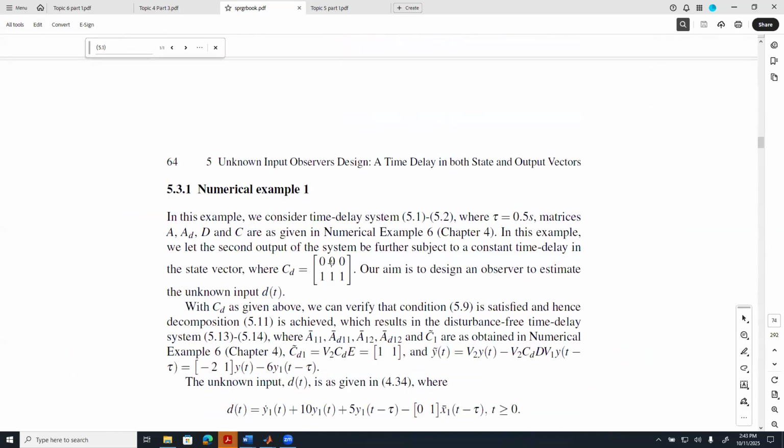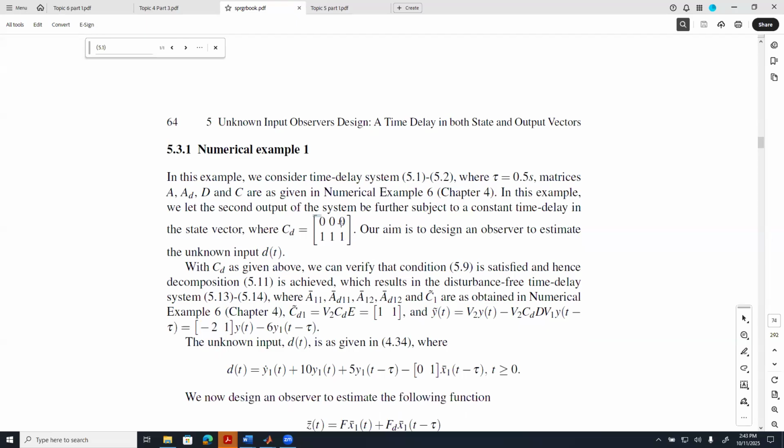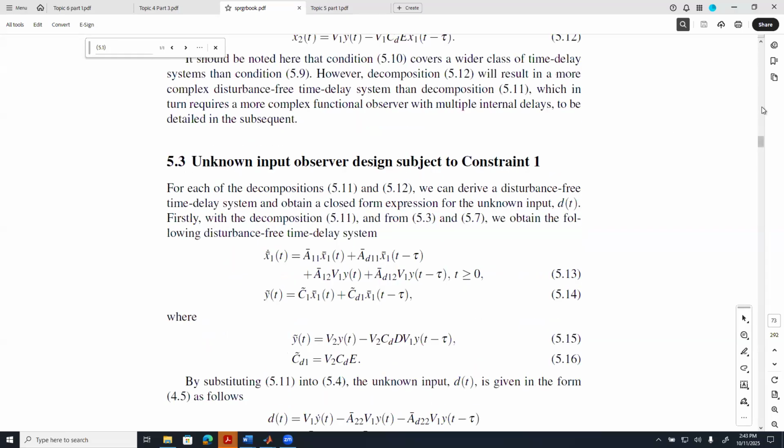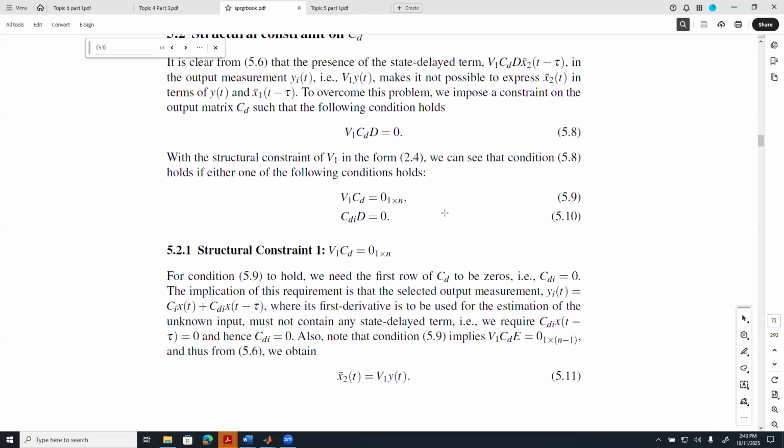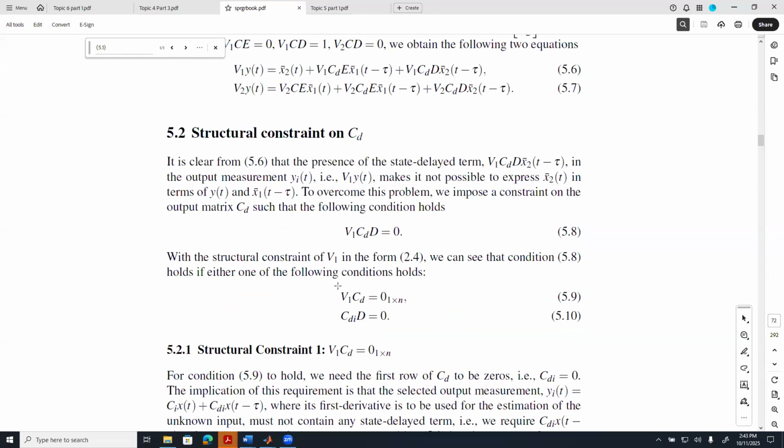In this numerical example, CD is no longer 0, but look at the structure of CD here. It has this constraint imposed on it, because we want to ensure this condition in here.